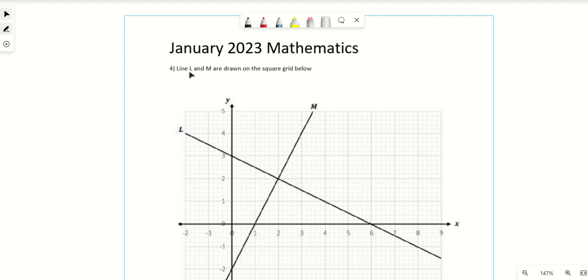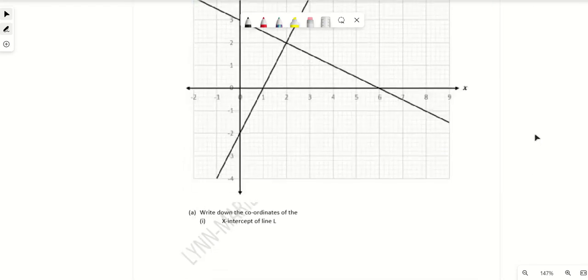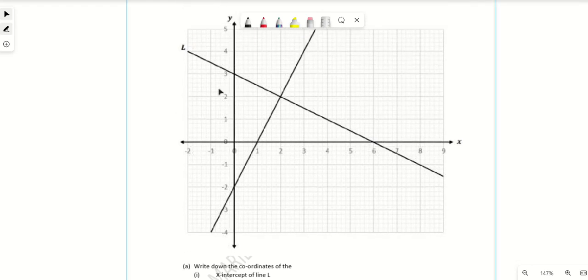Line L and line M are drawn on the square grid below. So we see it here. This is line L, this is line M. They said write down the coordinates of the intercept on line L. Now, line L is here, and your x-intercept is where the line crosses your x-axis. So that is this right here.